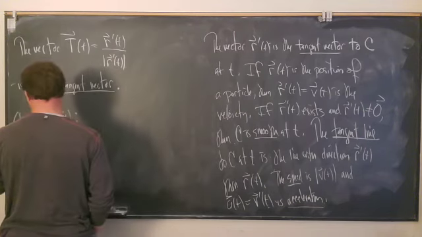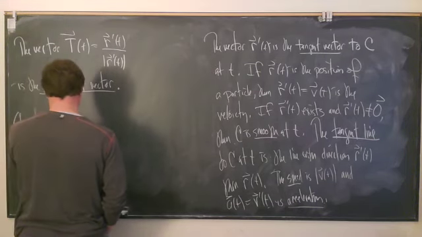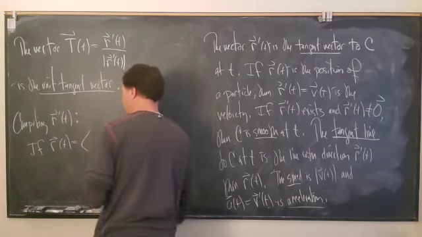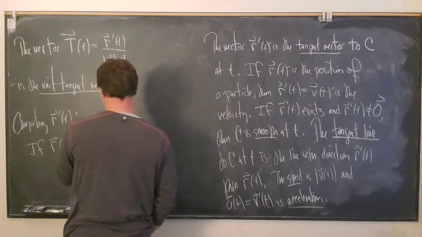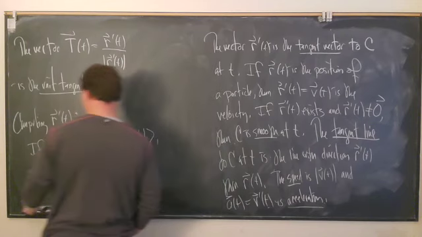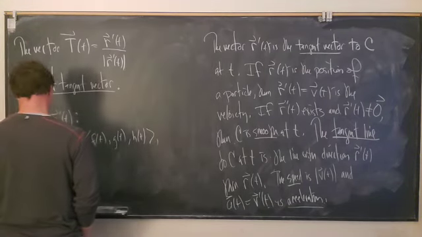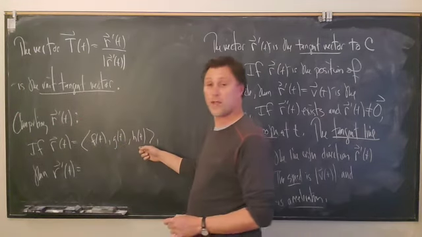If, and I'm going to write this in vector form now, in angle bracket form, r of t equals f of t, g of t, h of t, then to compute r prime of t, all you do is take the derivatives of each of the components.